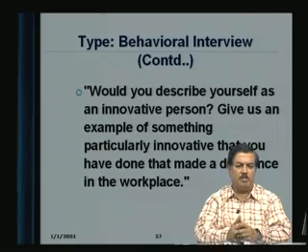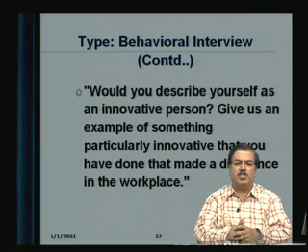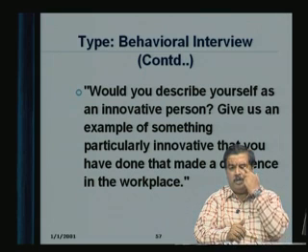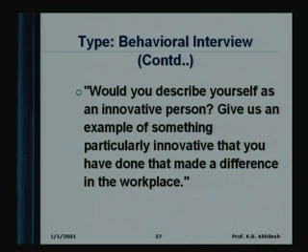It throws up some of the preparation of the individual and the comfort level. It could also be, would you describe yourself as an innovative person? Give us an example of something particularly innovative that you have done that made a difference in the workplace.